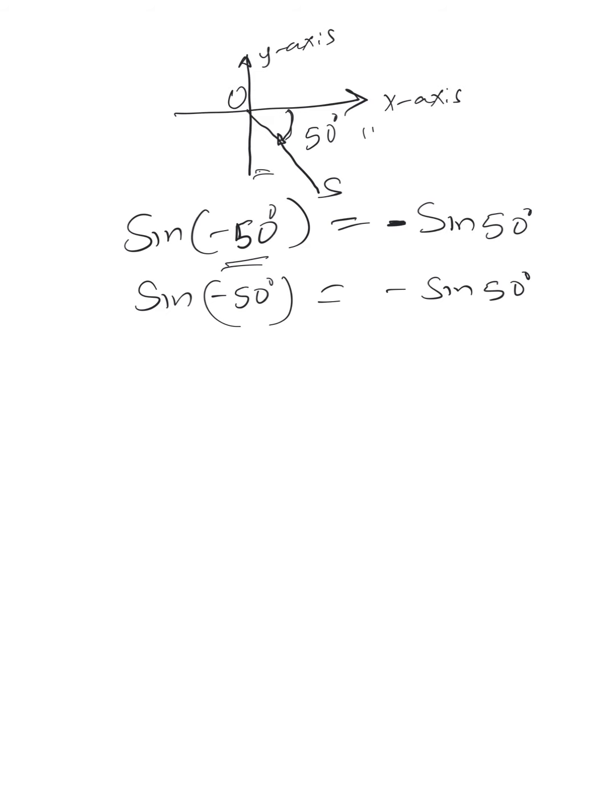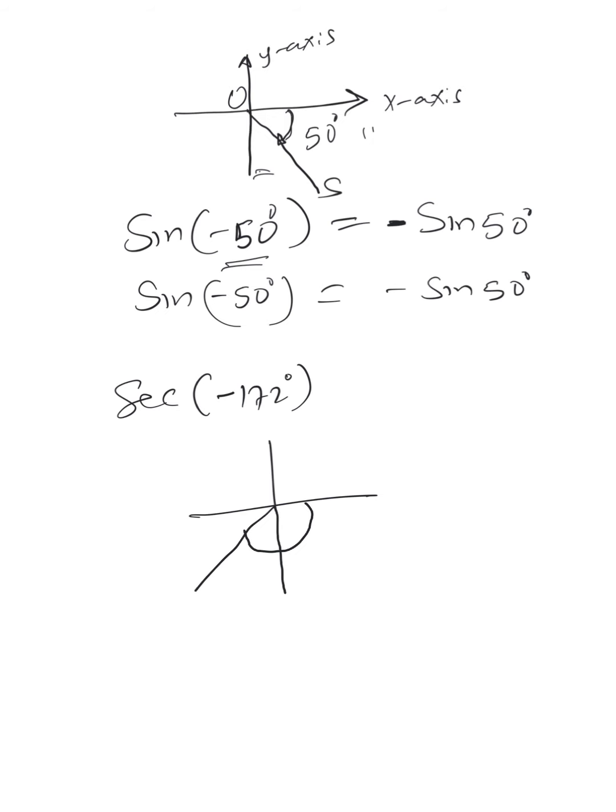So next is sec. Let me look at the secant of minus 172 degrees. We begin by locating the angle 172. Where is 172? From what we know so far, this angle is a negative angle, so we move in a clockwise direction and measure 172. Of course, 172 doesn't reach 180.